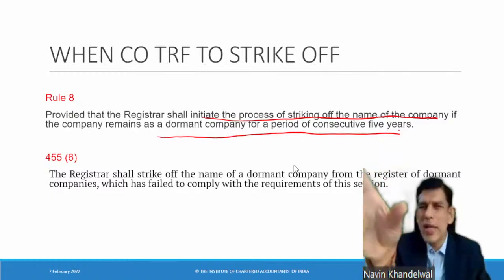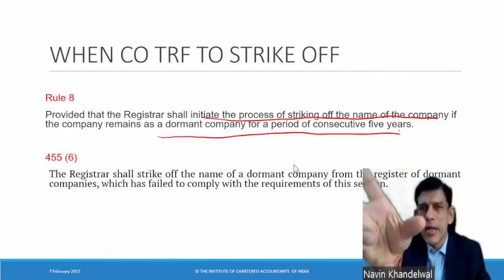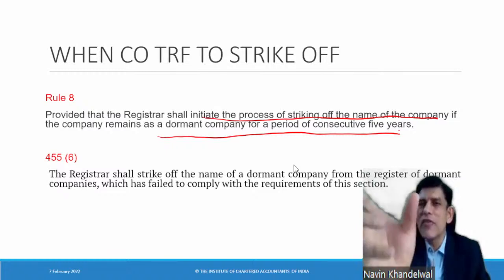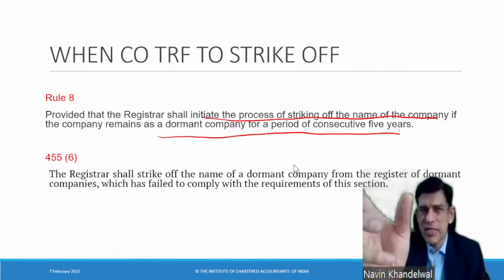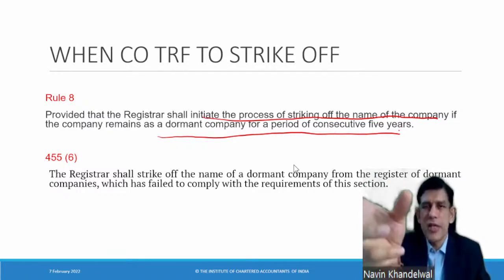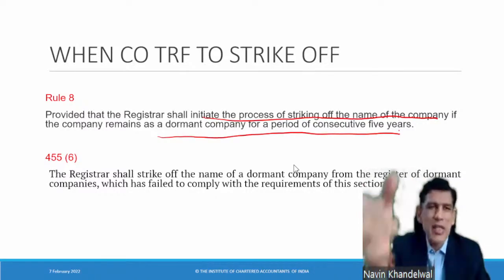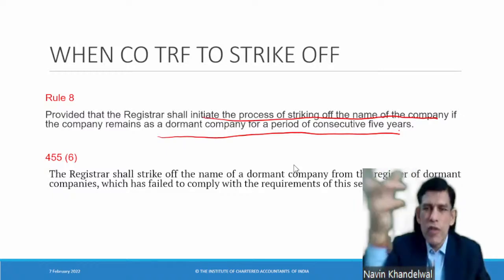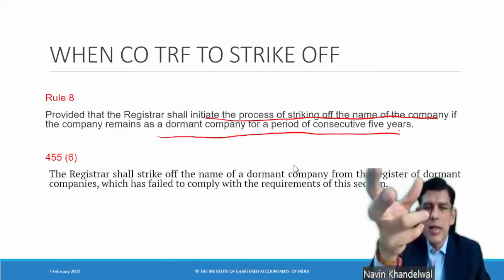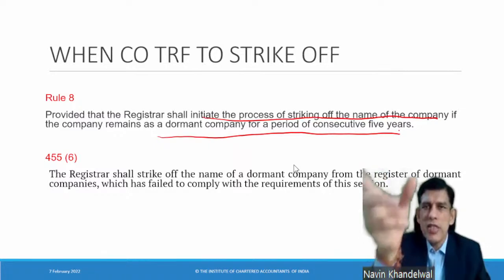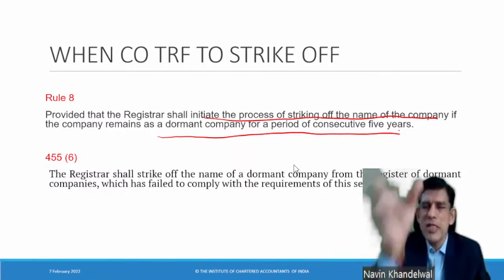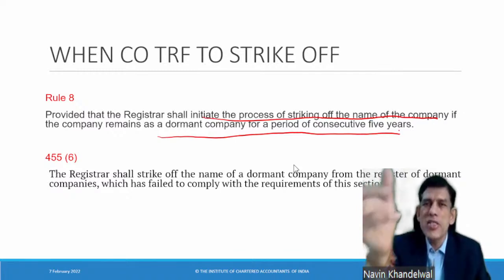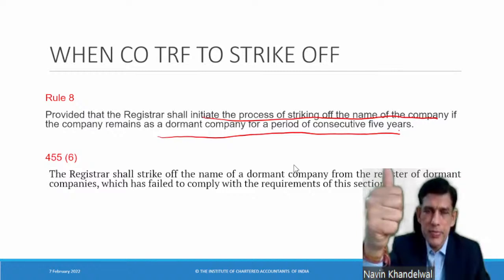So that means, indirectly, a window of 5 years is given to you to restart the business, which is more than sufficient, where you can think, evaluate, plan, strategize, understand the market, arrange for the funds. So 5 years, if you are dormant, good. Beyond 5 years, the registrar will automatically strike off your company's name from the register. That is one situation.